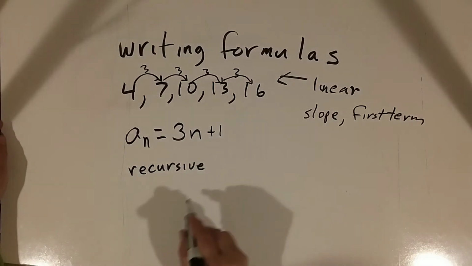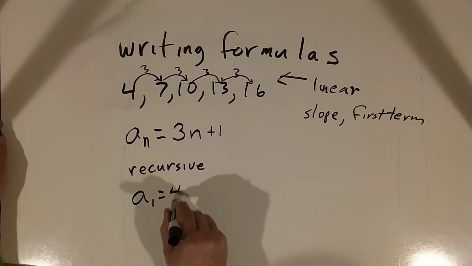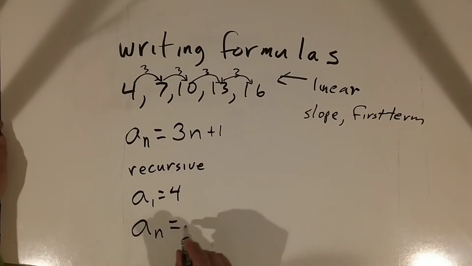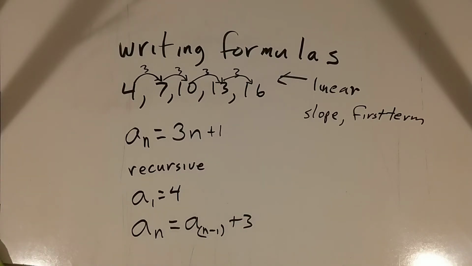For a recursive formula, we would know our first term is 4, and then we get each term if I take the term in front and add 3. So we're adding 3 each time, so that means I'm going to add 3 to the previous term.